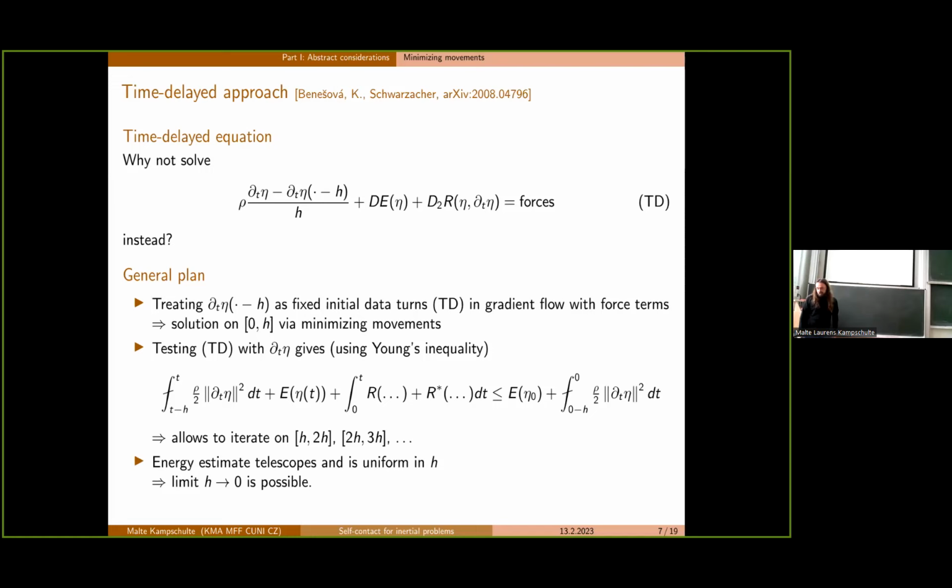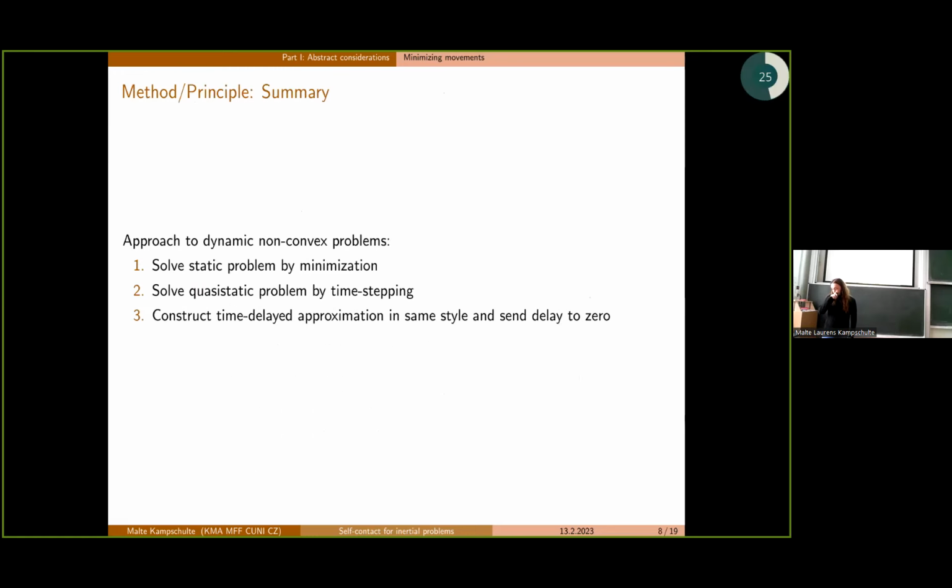It's uniform in h, more or less, if you ignore those weird average integrals. And you can do a lot of theory, and it's not that hard to show that you can send the limit h to 0. So that's the general approach, which maybe possibly bored some people here because I presented it some time ago already.